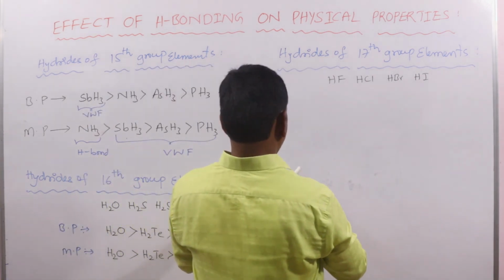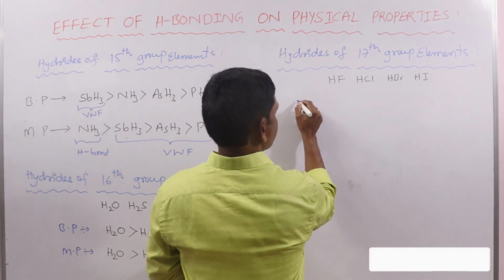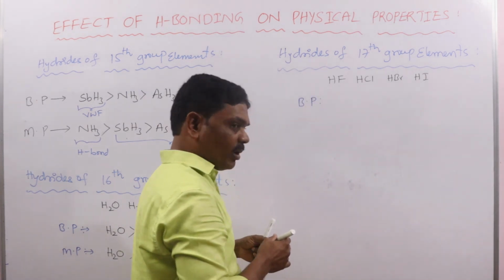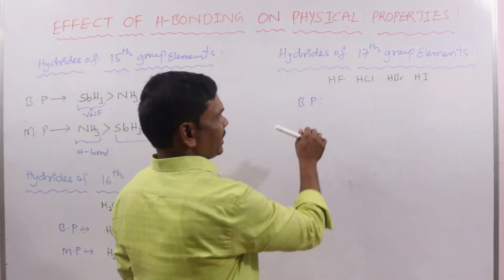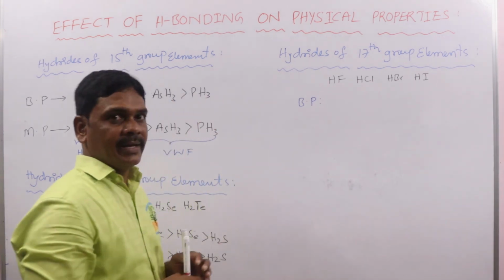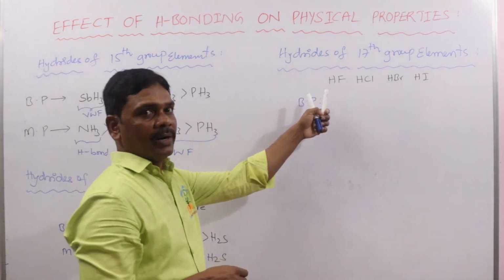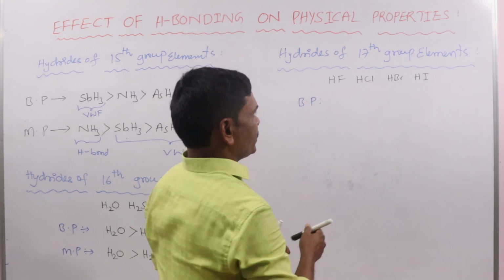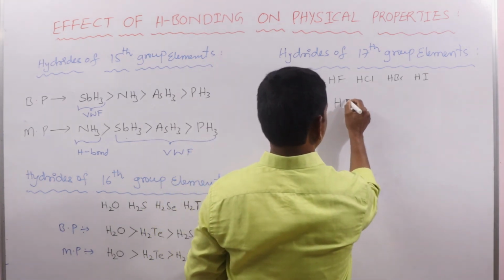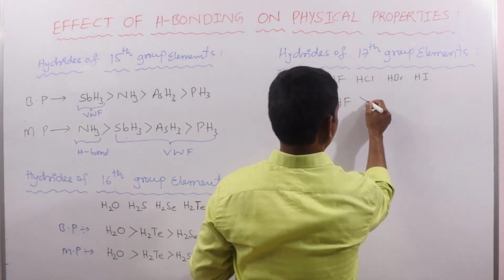Okay, so now here first one is what? Boiling point. So now here the extent of hydrogen bonding in HF is more, so compulsorily boiling point is also more in hydrogen fluoride.